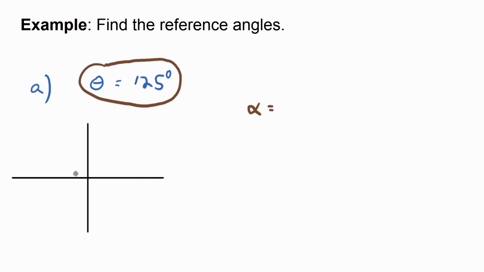So I'm going to start the picture here. And let me do it in pink.